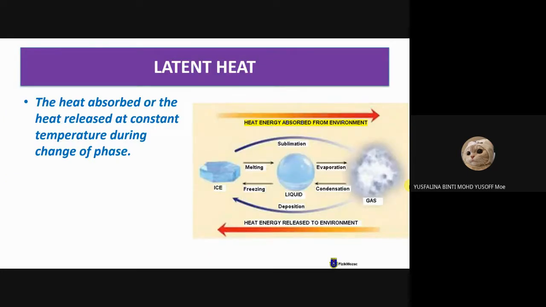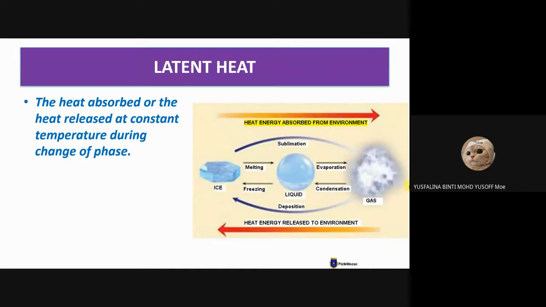Okay, so this is the latent heat. We discussed that when the ice absorbs heat, it is melting and you change the phase from solid to liquid. And in the other picture you mentioned, when you cook the steamed fish, it will change the liquid to gas. So when the heat is absorbed, there will be a change of phase, from solid to liquid or liquid to gas.